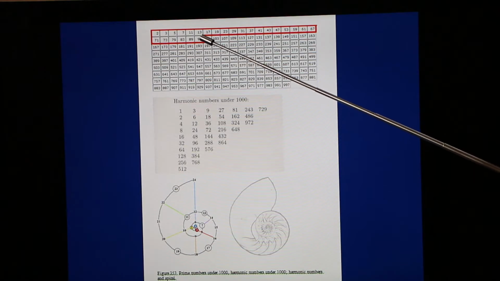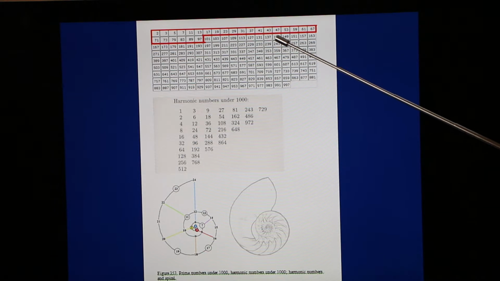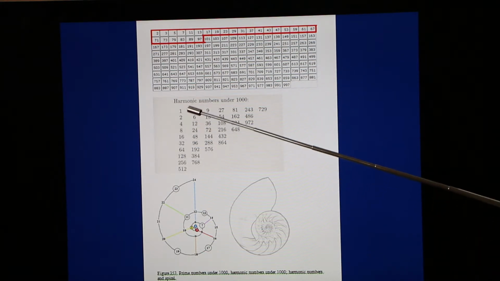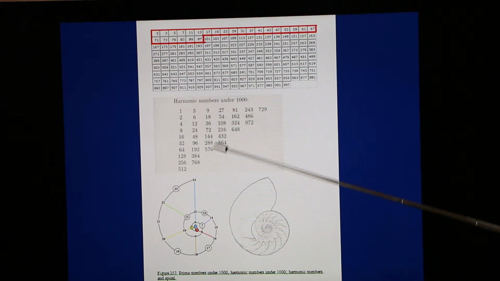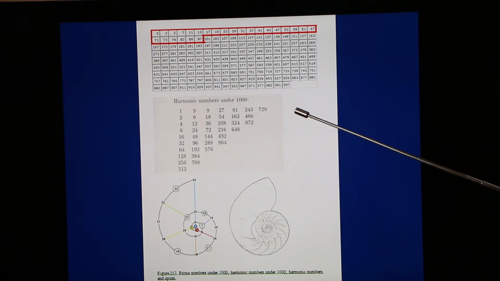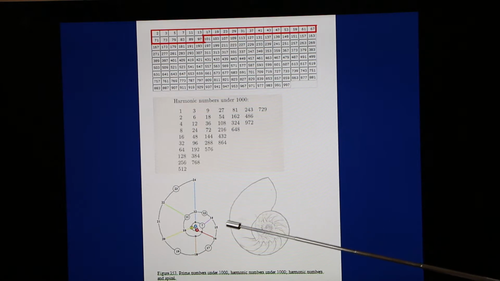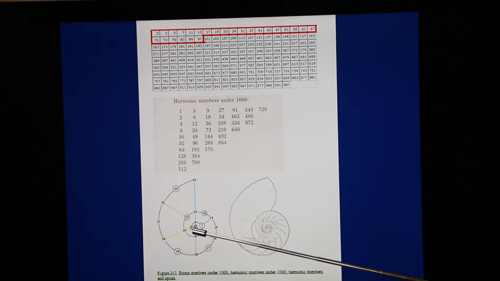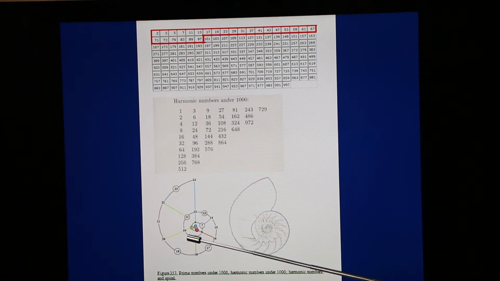And here, 19, 37, 73 are all primes. And then there are harmonic numbers under 1,000. And then there is something called the Fibonacci spiral, which goes 1, 3, 5, 1, 3, 5, 7, and then 11, 13, 17, 19, 23, and so on.